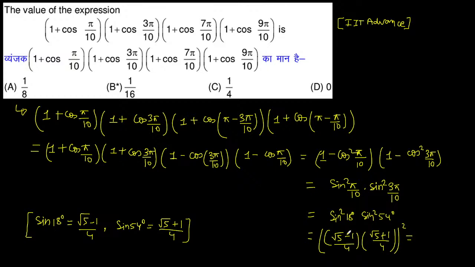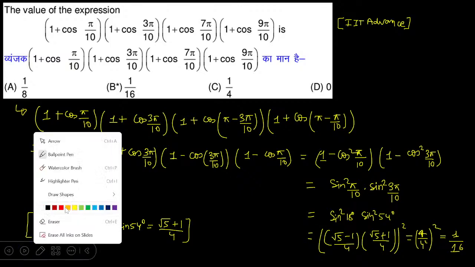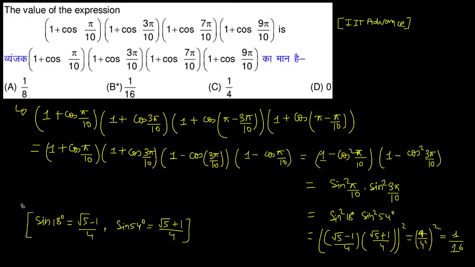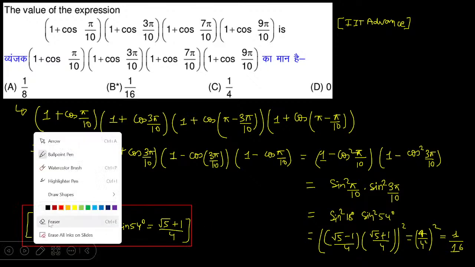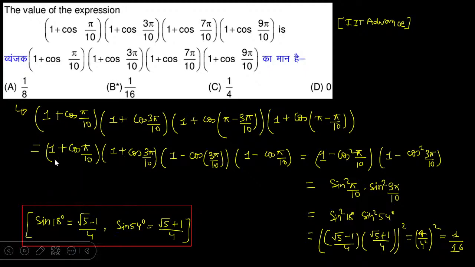So this is (5 minus 4) upon 4 whole square, which is nothing but 1 by 16. Remember this.